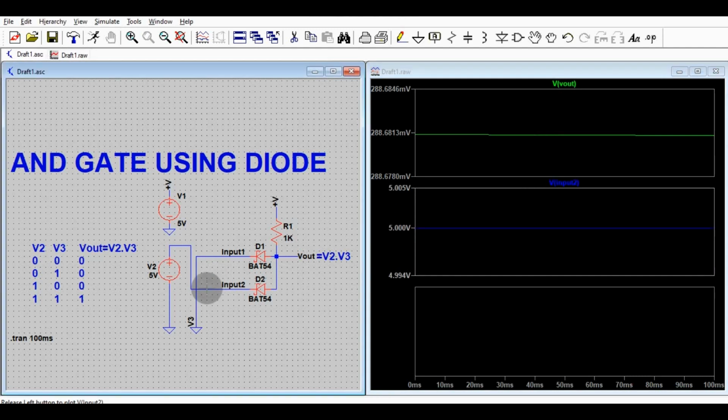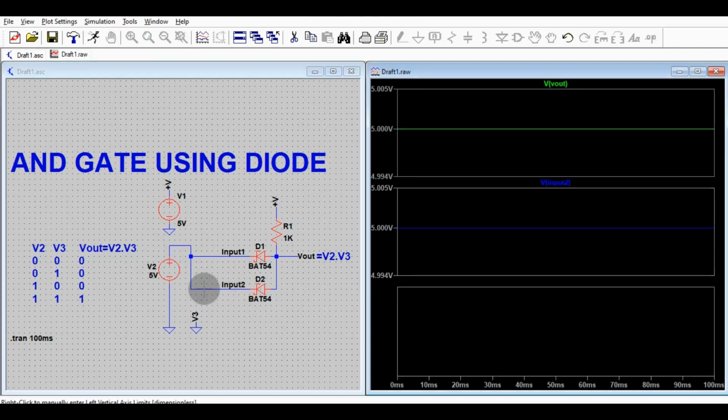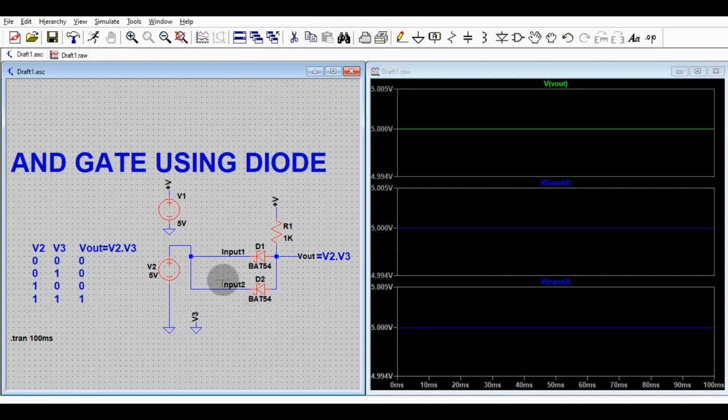Let us consider the fourth case when both inputs are high. So just short both inputs together and connect them with the VCC. Now run the simulation. Your input 1 is 5 volt, your input 2 is 5 volt, and your output here is 5 volt.